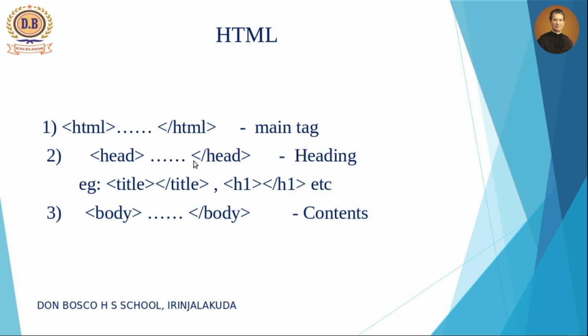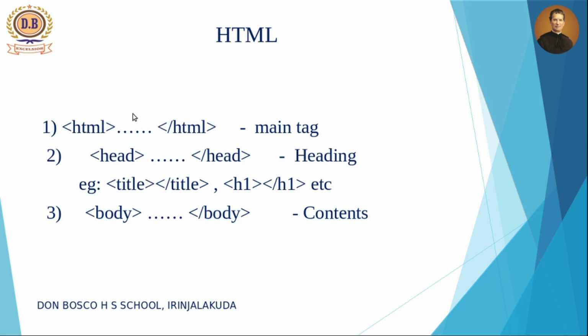Each and every tag we need to close. While closing, please notice that a closing tag uses the slash symbol. Open one tag, and after writing each and every code, close that tag using the slash symbol. After the angular bracket, put a slash symbol and type the code itself. So this is the HTML main tag.